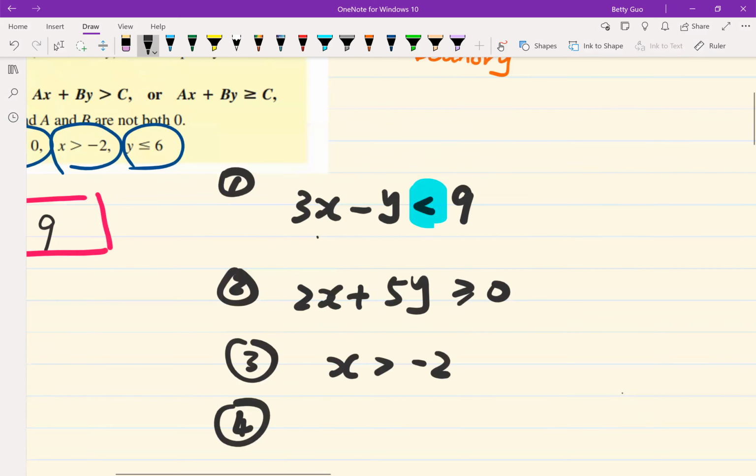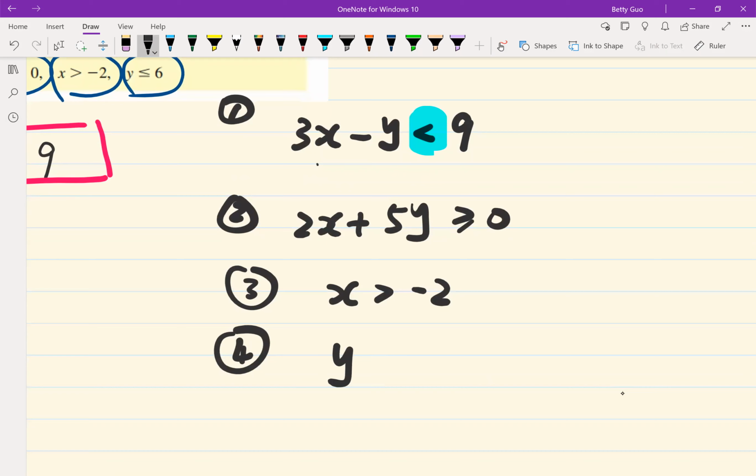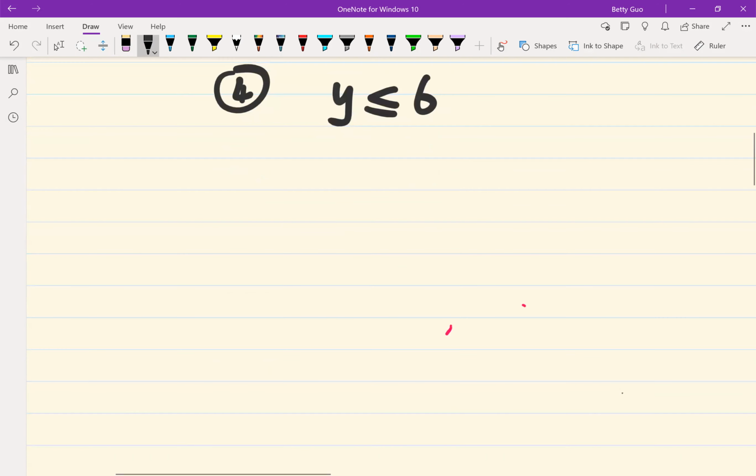Number 4, determine if y is less than or equal to 6 is a linear inequality in two variables. Let's use the trick. We change the inequality symbol to equal, and we get y equals 6. Does y equals 6 represent a straight line in the rectangular coordinate system? Yes.